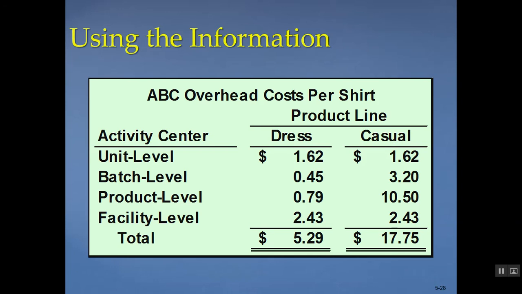However, you might remember that with the traditional overhead allocation, the cost was the same for both shirts at $7.16. So if we were to use the traditional method, our dress shirts would be overcosted, and our casual shirts would be undercosted.